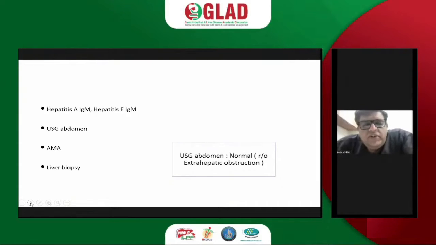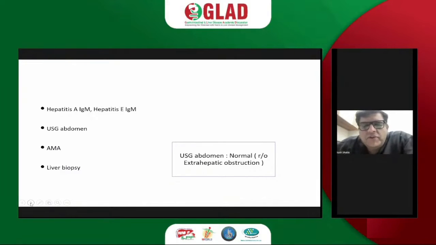So in fact, that was the part of the next question, which of these 4 tests you would do: viral markers, ultrasound, AMA, or liver biopsy. And as you said, very appropriately, sir, we would always do an ultrasound because it is a very simple test to differentiate whether there is an intrahepatic cholestasis or an extrahepatic cholestasis.